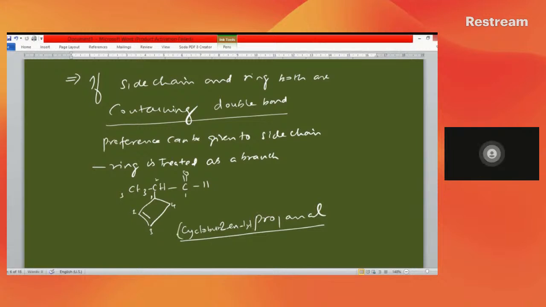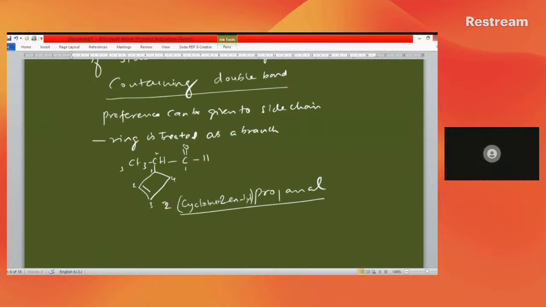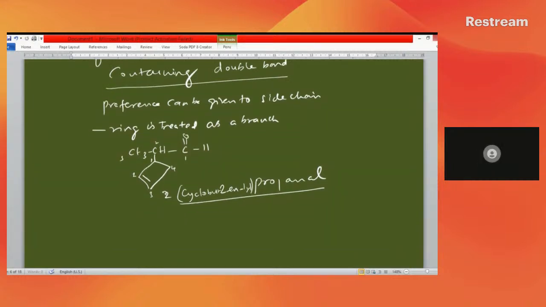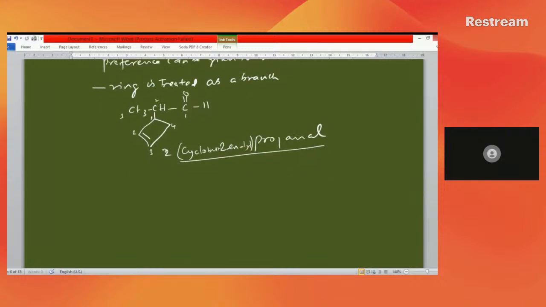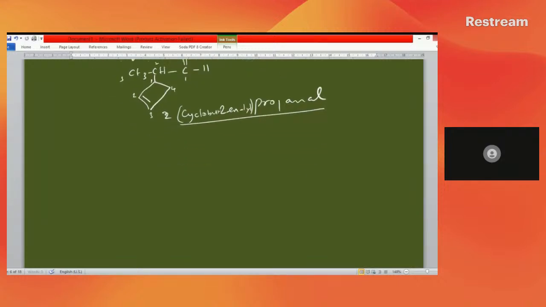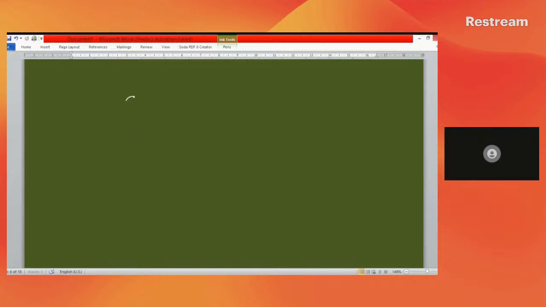This is present in which position? In position number 2. I repeat it. You consider this compound, the same compound I am repeating, CH3, CH, C double bond OH.